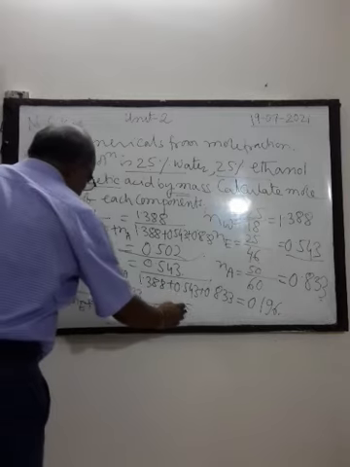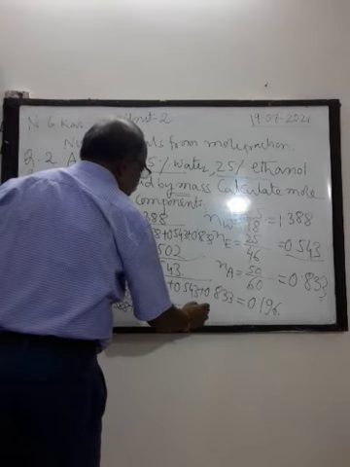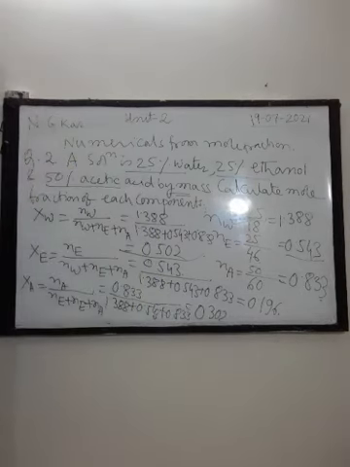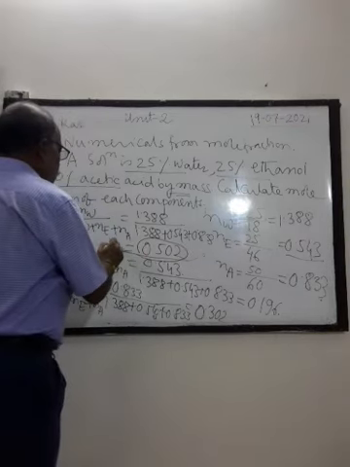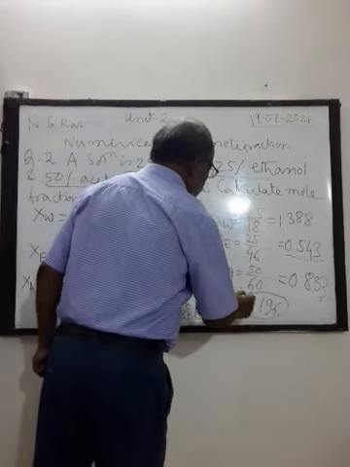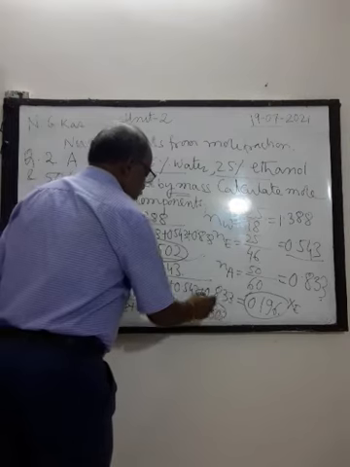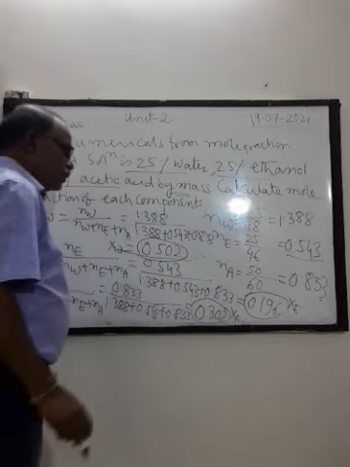So if we calculate the value, then we get 0.302. So this is mole fraction of water, this is mole fraction of ethanol, and this is mole fraction of acetic acid.